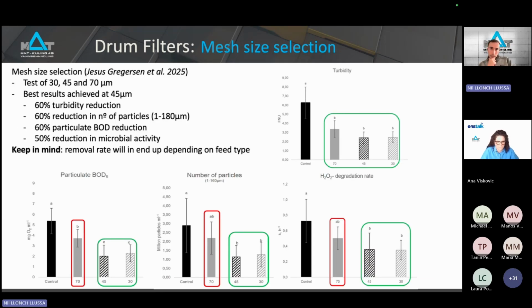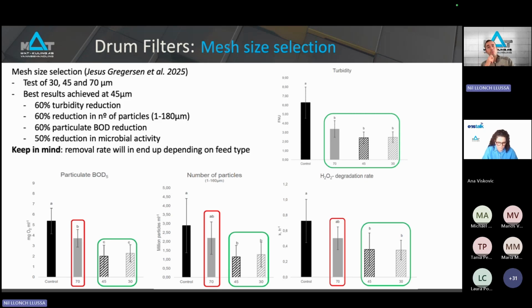Digging a little bit into mesh size selection, I will talk about a recently published article from the Technical University of Denmark, from Jesus. He recently presented these results, focusing on the test of different drum filter mesh sizes, 30, 45, and 70 microns, in a rainbow trout recirculating aquaculture system setup.